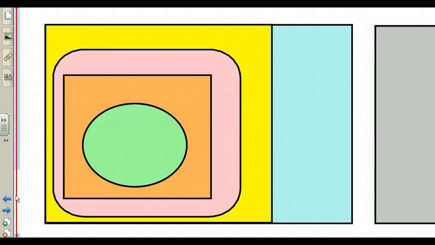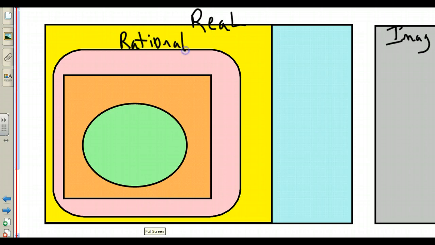This is just a Venn diagram so you can understand how this works. These are real numbers over here in this rectangle. These would be imaginary. There are two types of real numbers. There are rational numbers, and there are irrational numbers. One type of rational would be an integer.